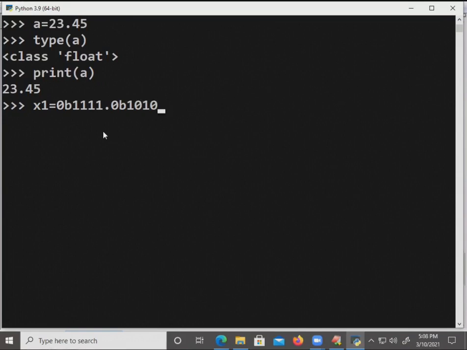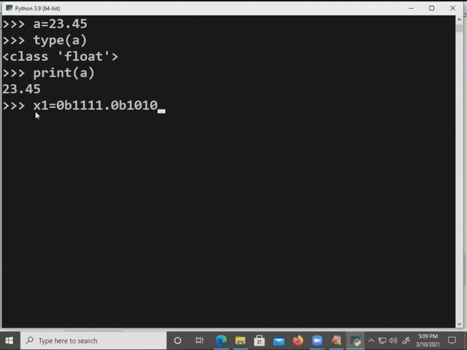Generally a student will think 15.10. But it is not possible to represent with floating point data types. The float data type never allows the binary, octal or hexadecimal number systems directly. Are you getting it?